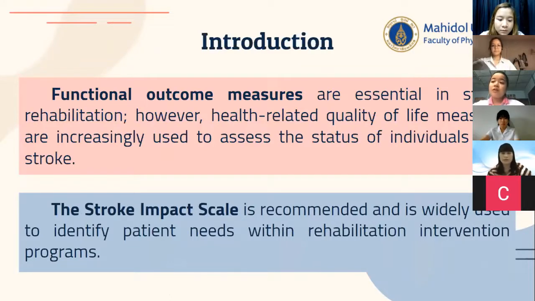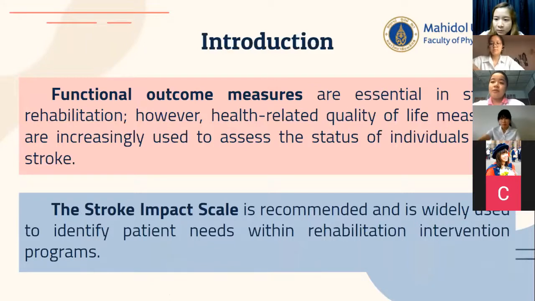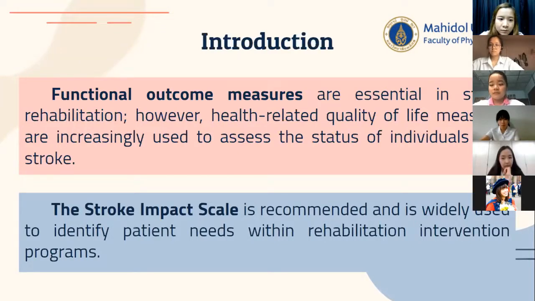Functional outcome measures are essential in stroke rehabilitation. However, health-related quality of life measures are increasingly used to assess the status of individuals with stroke. The Stroke Impact Scale is recommended and is widely used to identify patient needs within rehabilitation intervention programs.